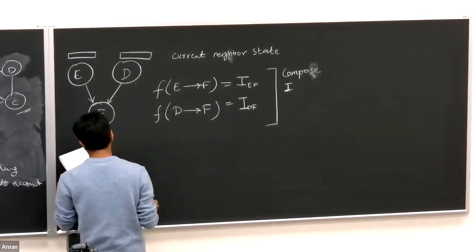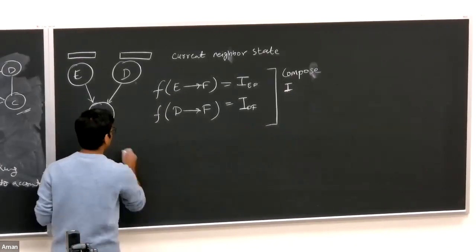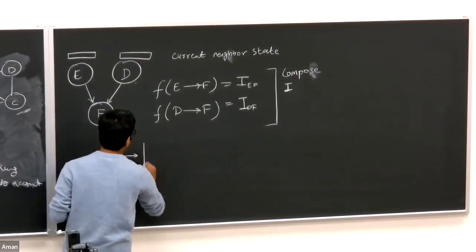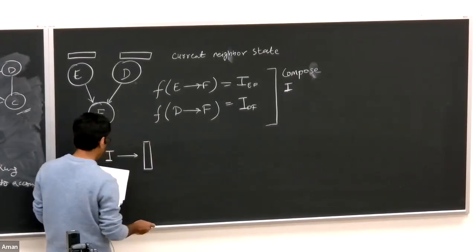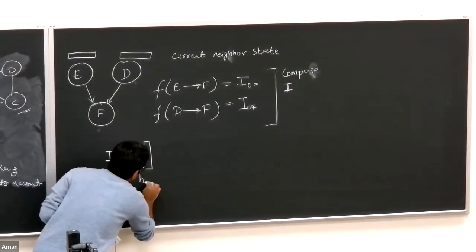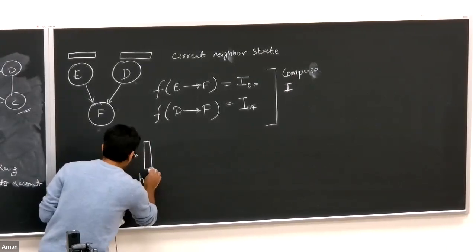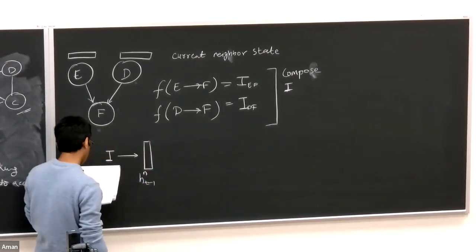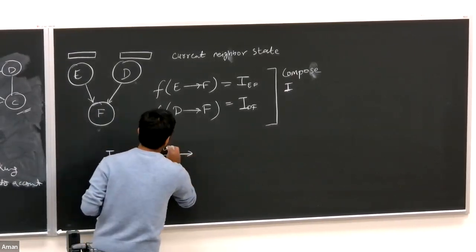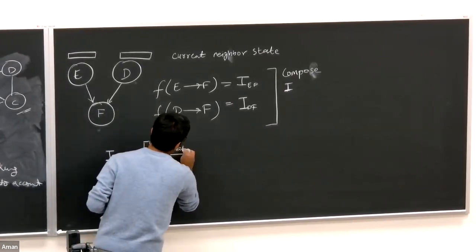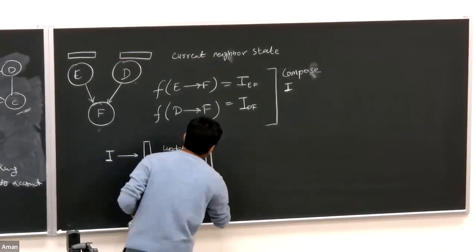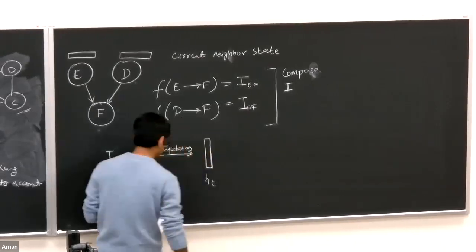Then you take that information I and pass it to the current representation of F, which is h_(t-1), where n is just the dimensionality, and this updates the node to, let's say, h_t.